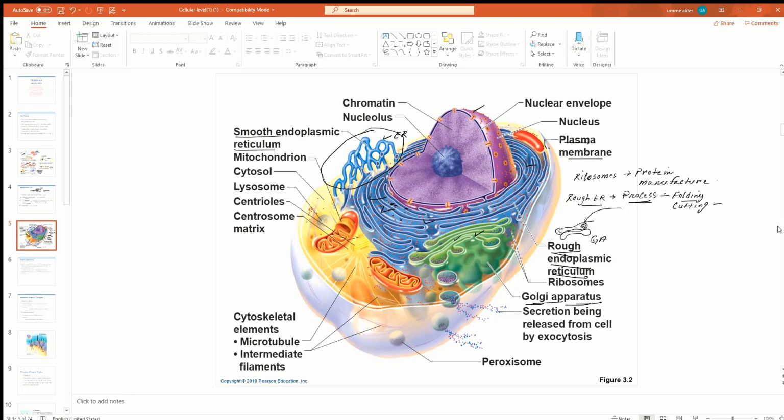The Golgi apparatus sends the protein molecules to the ends of the flattened sacs. So the protein molecules are accumulated at the ends, and then what happens?